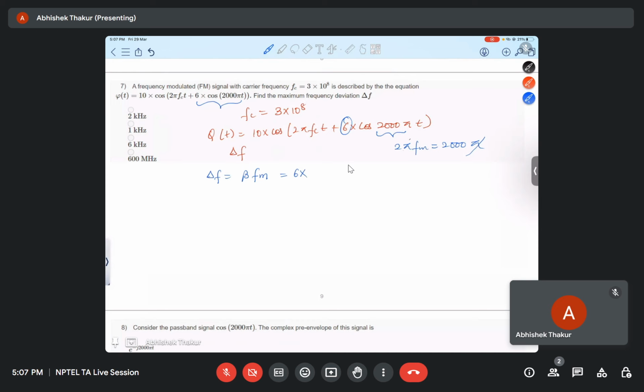So pi and pi will get cancelled and we get fm as 1000 hertz, which we can write as 1 kilohertz. Substituting fm as 1 kilohertz, finally we get delta f, the maximum frequency deviation, as 6 kilohertz. So option C is the correct answer for this question.